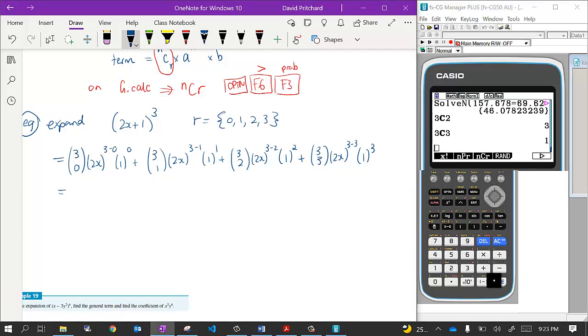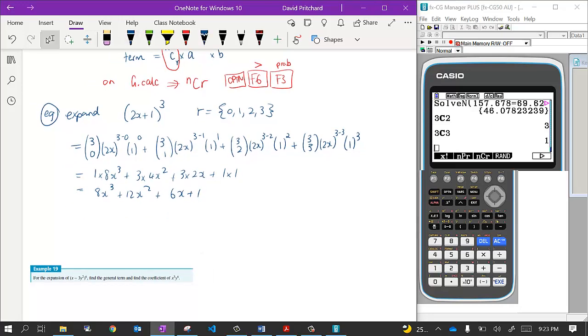That gives us 1 times 8x cubed and 3 times 4x squared and 3 times 2x and then 1 times 1, which gives us that same answer, 8x cubed plus 12x squared plus 6x plus 1. But it's a long way to go about something we can do in a simpler way, and hopefully you'll agree.